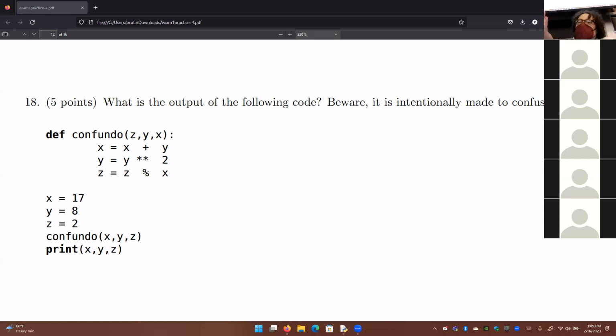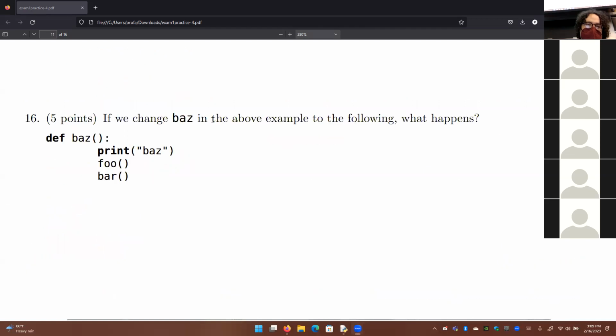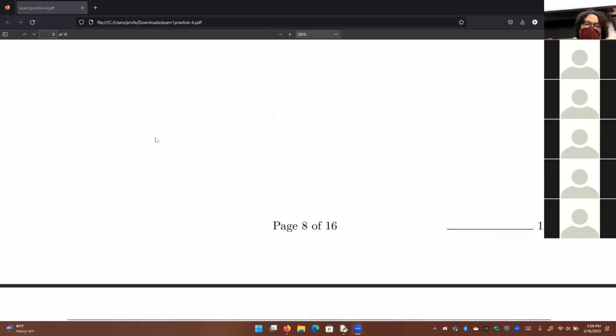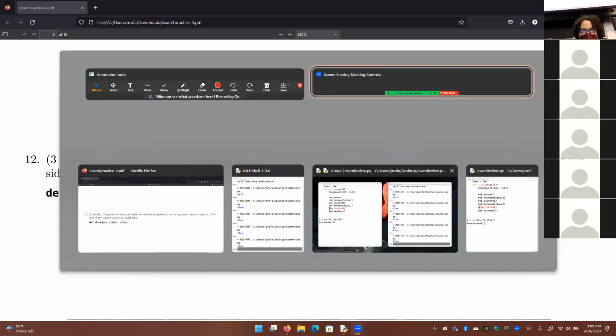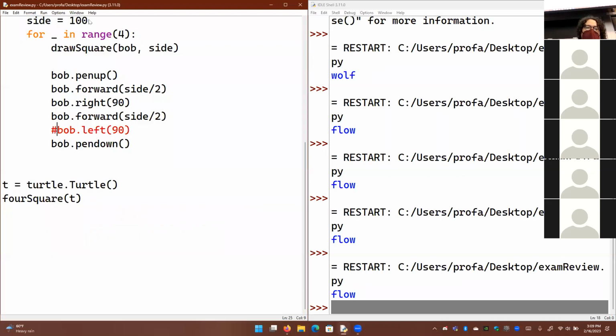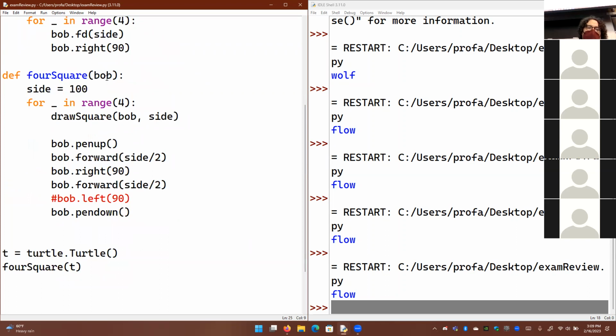What you are copying depends on what it is. For integers, it's just the number you're copying. For everything but an integer or float, or a Boolean, it's going to be a reference to the object, right? We saw that with Bob. When I pass T into this function, it doesn't suddenly become a new turtle. I don't copy and create a new turtle. There aren't two turtles on screen.